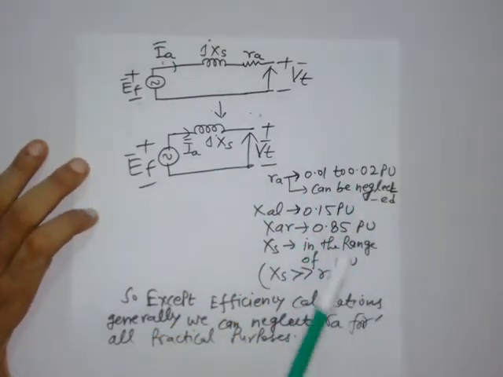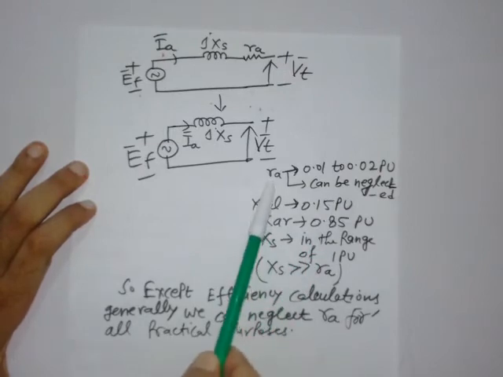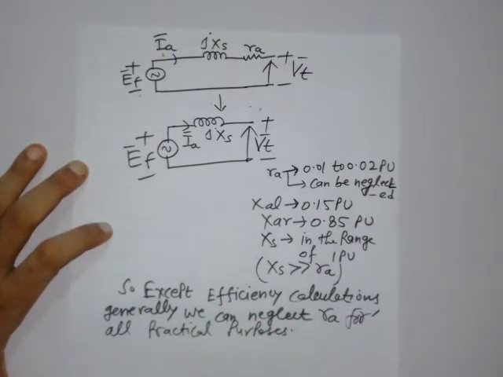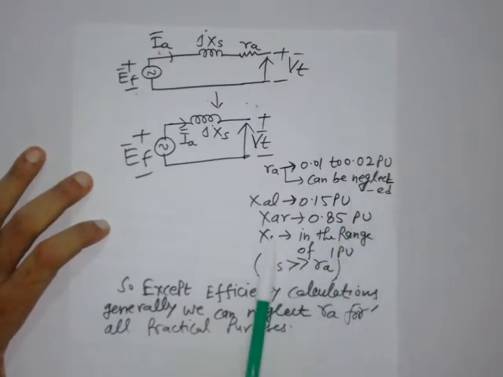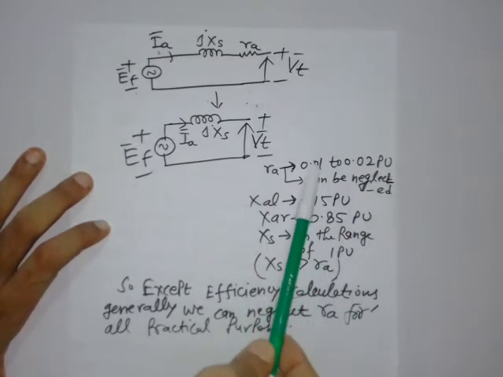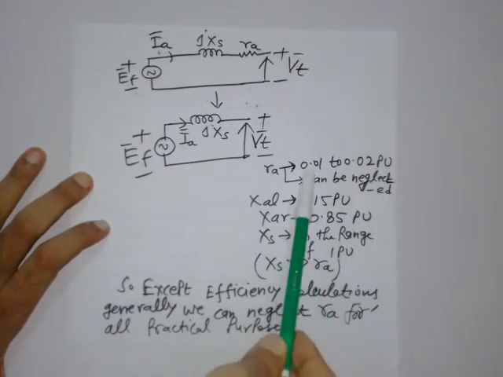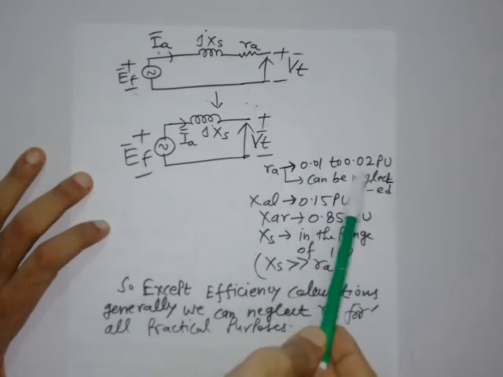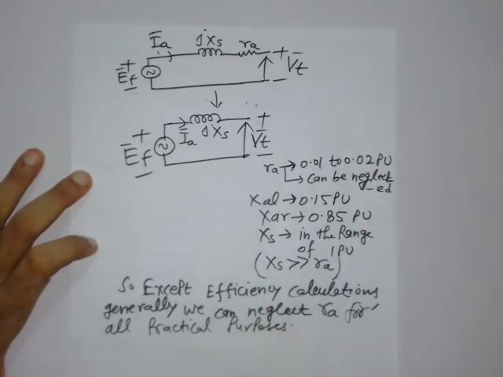VT is the terminal voltage, EF and VT are phasors, I is a phasor value, right? Now if you analyze that, armature resistance is very small. It is around 1% to 2% only of the synchronous reactance XS, or in per unit, it is only 0.01 to 0.02 per unit. It is very small, so you can neglect this.